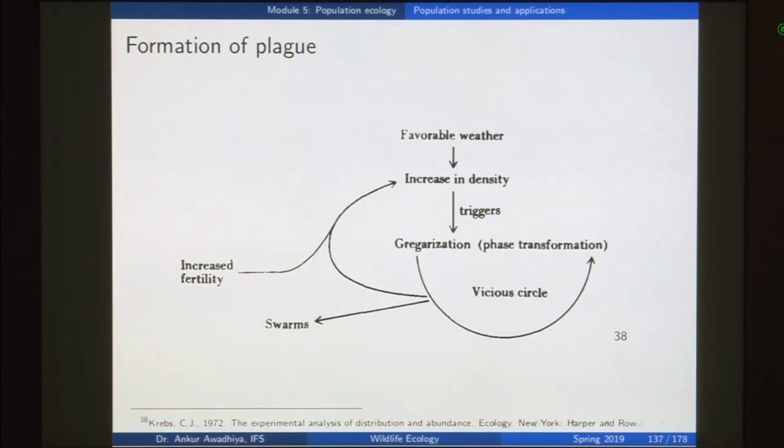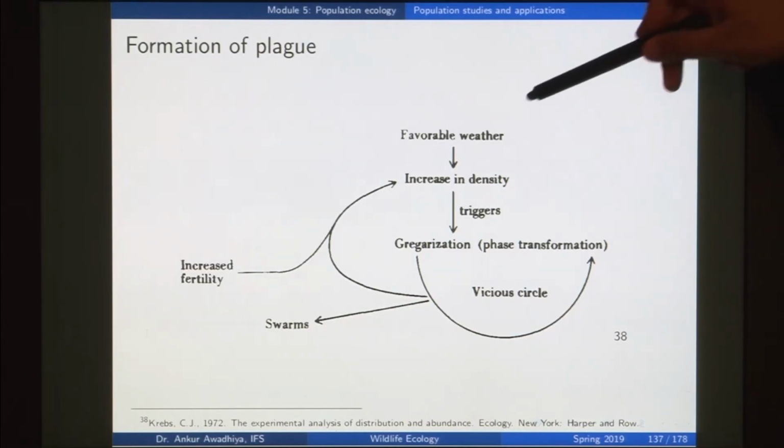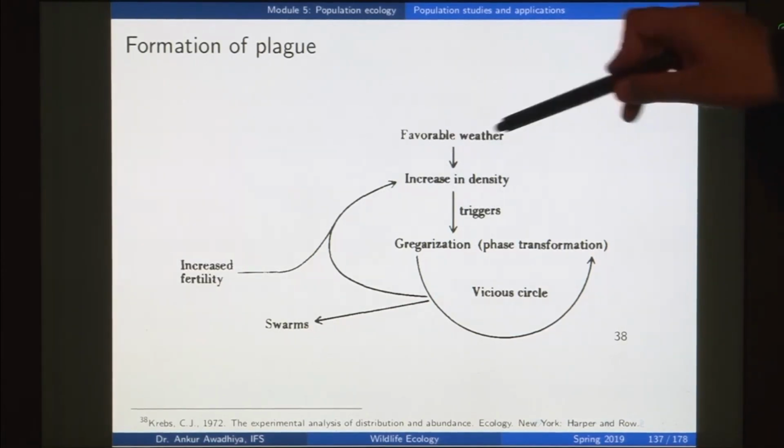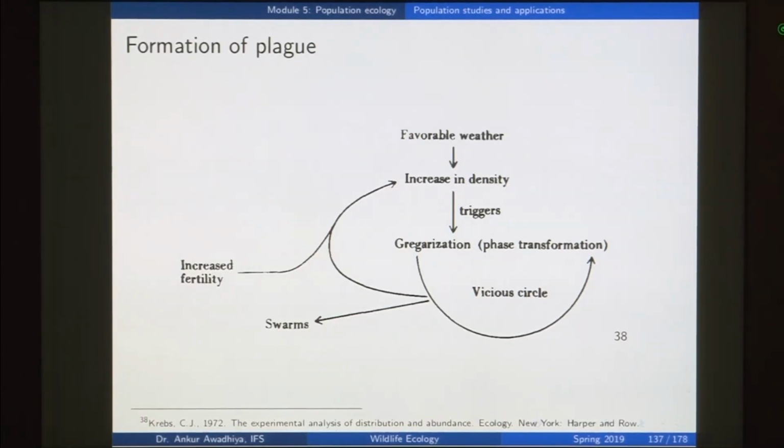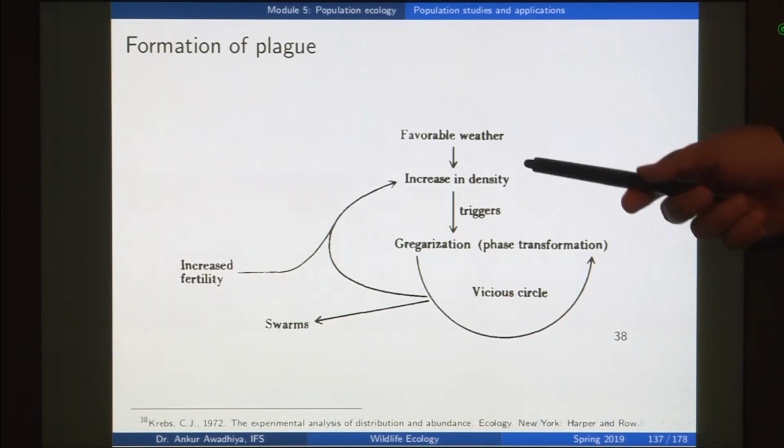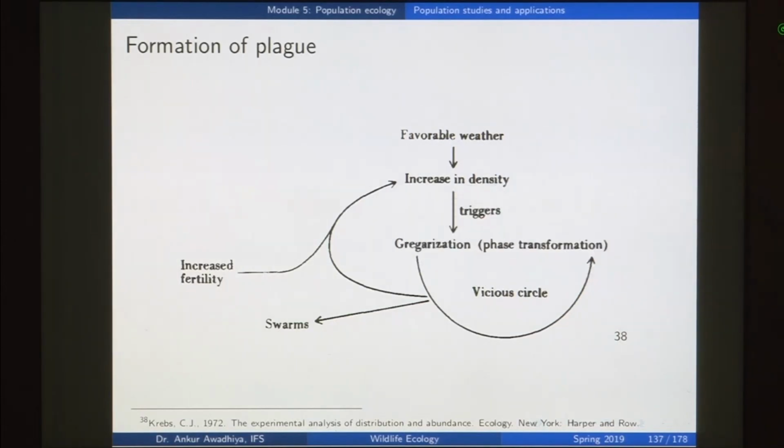Now once you have come to that level of understanding, the next question would be, how is this organism able to know that the weather is favorable or not? What kinds of cues is it getting from the environment? So now we are talking about behavioral ecology. The second thing would be, if you have an increase in density, how does this organism convert from solitary behavior to gregarious behavior?